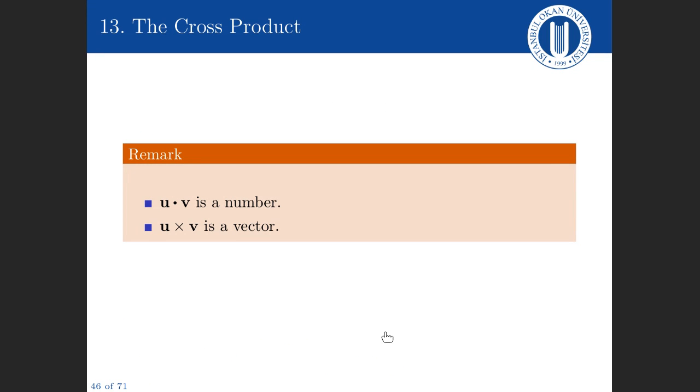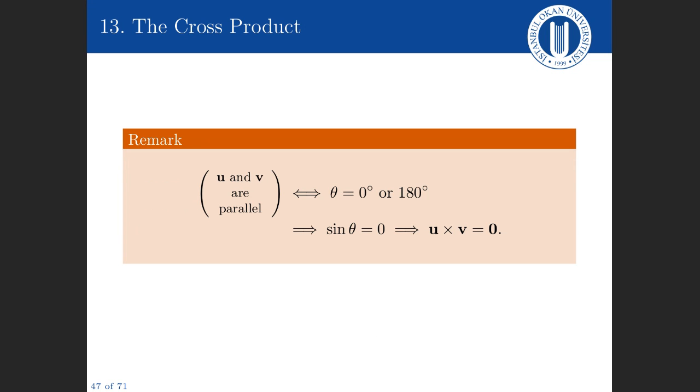There's an important difference between a dot product and a cross product. u dot v is a number, u cross v is a vector. We can also say u and v are parallel if and only if the angle between them is 0 or 180 degrees.